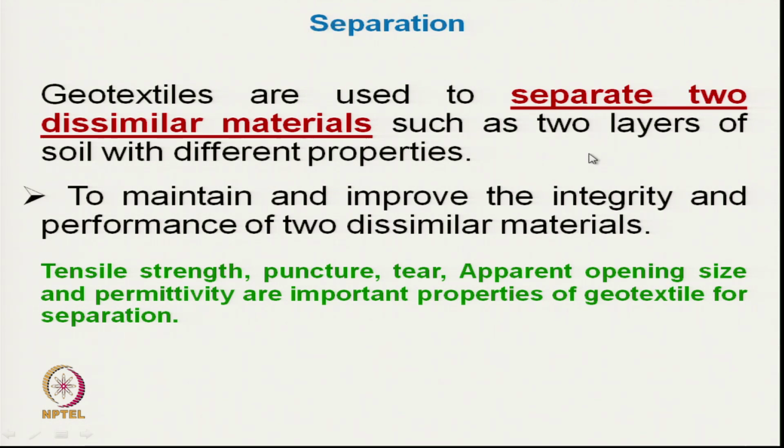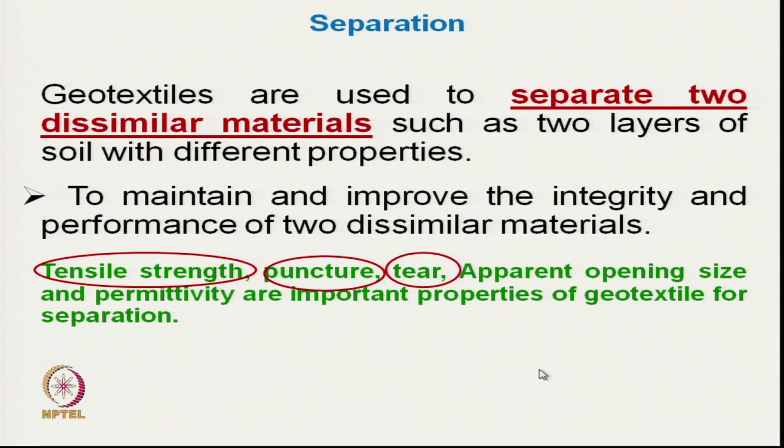So, for separation purpose, we need specific characteristics of geotextiles. It should have higher tensile strength and higher puncture strength. If the geotextile gets punctured, then this separation function will not be there.